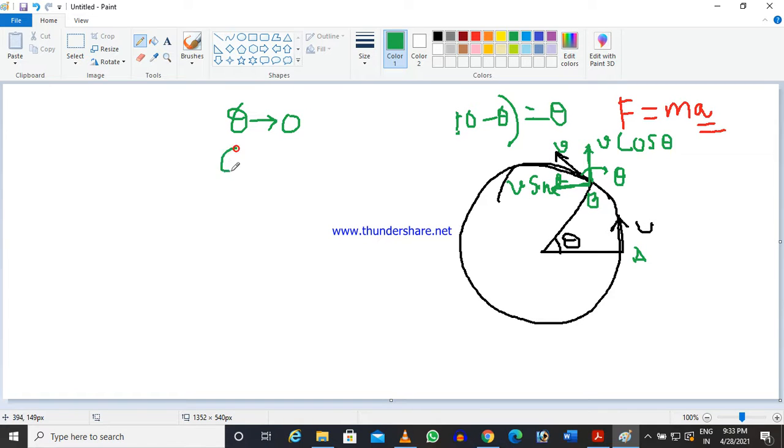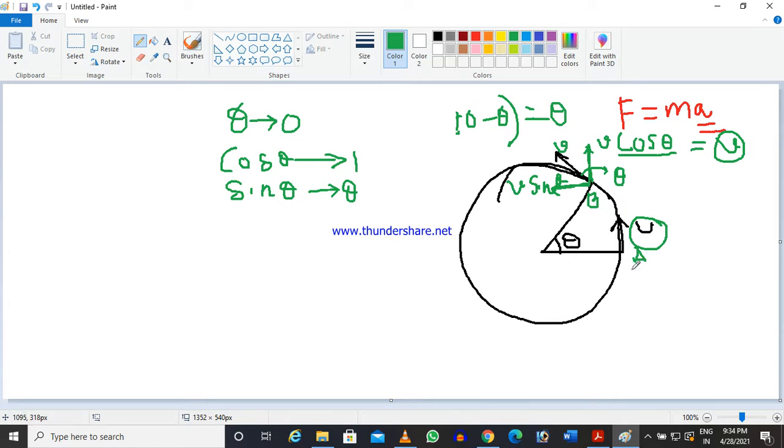If so, then cos 0 is 1, so cos theta tends to 1. And if theta tends to 0, then sin theta tends to theta. So v cos theta is nothing but v, as cos 0 is 1.